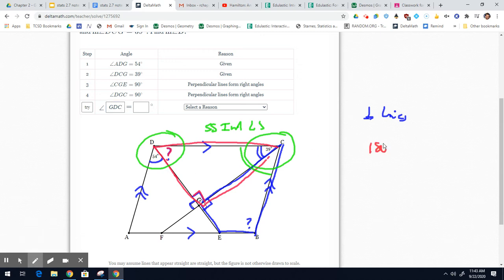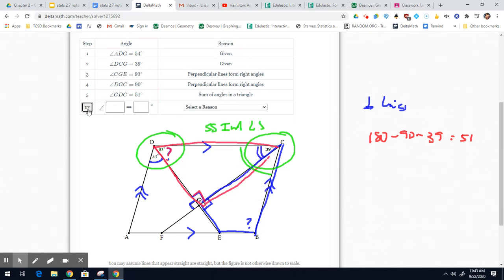So 180 minus 90 minus 39. Use your brain. That's 129. 180 minus 129 is 51. I know that GDC is 51, and that's because the sum of the angles in a triangle is 180.